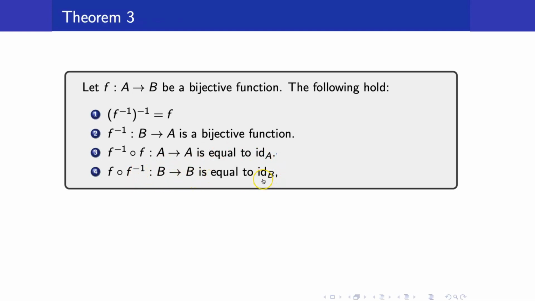So therefore, we will end up with the identity on b. And that is the reason why we sort of cancel, correct? This is what you learn from algebra: f inverse circle f of x is equal to x because of these two properties. Anyway, so let us prove this.